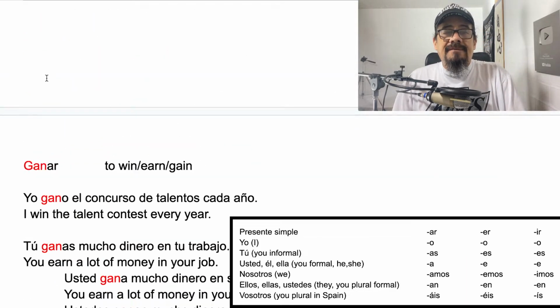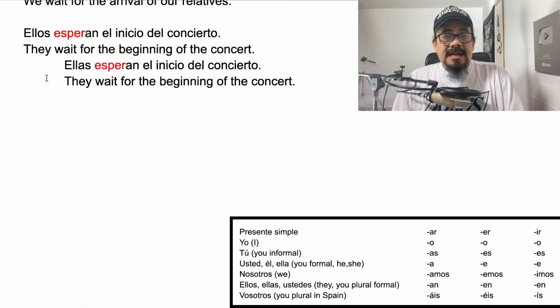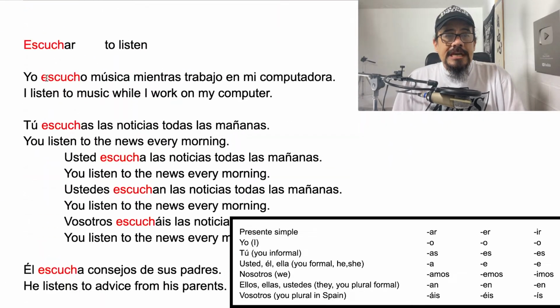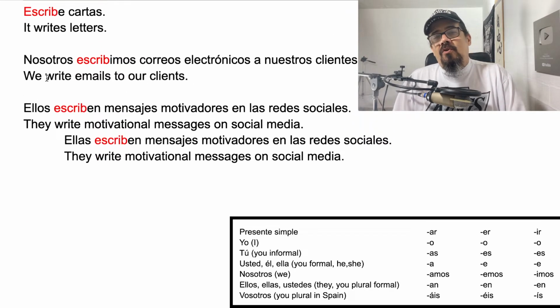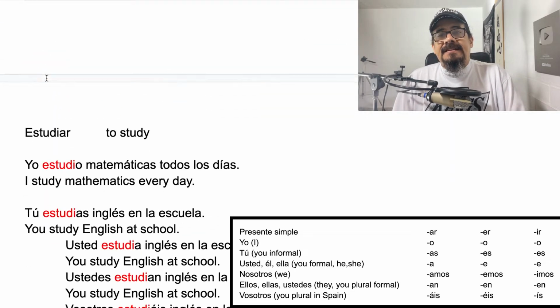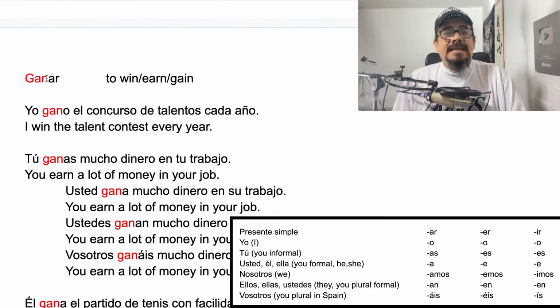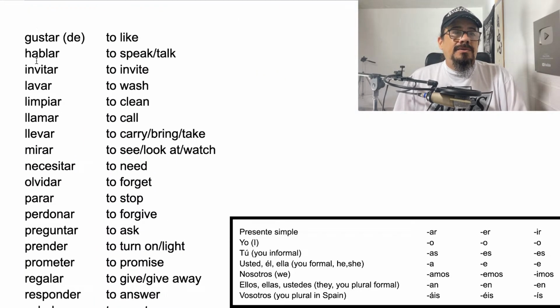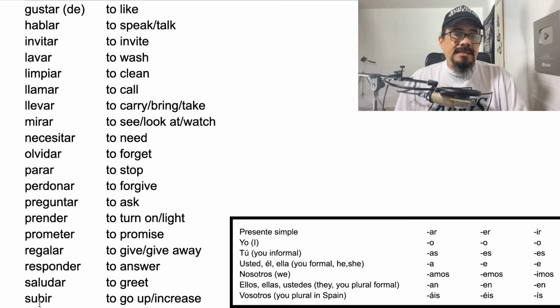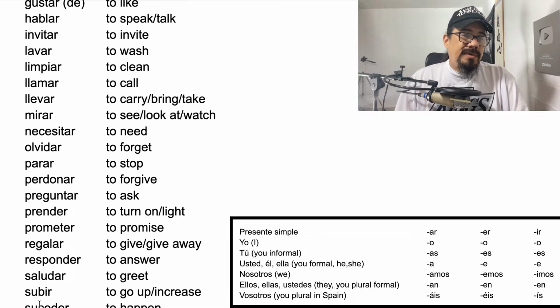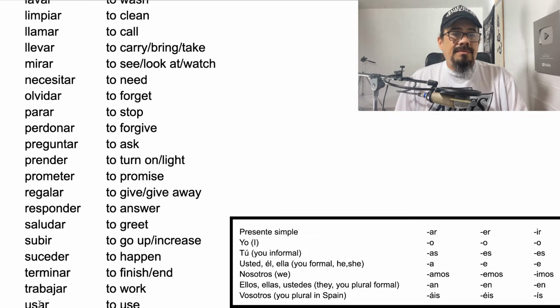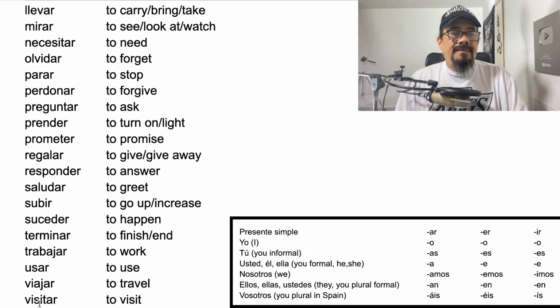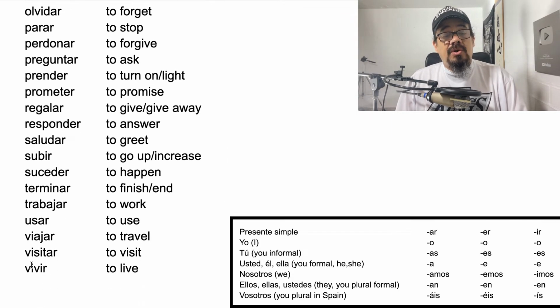And we have practiced and studied and learned conjugation of 10 more verbs out of 56. And we still have, let's count real quick. 1, 2, 3, 4, 5, 6, 7, 8, 9, 10, 11, 12, 13, 14, 15, 16, 17, 18, 19, 20, 21, 22, 23, 24, 25, 26 more to go.